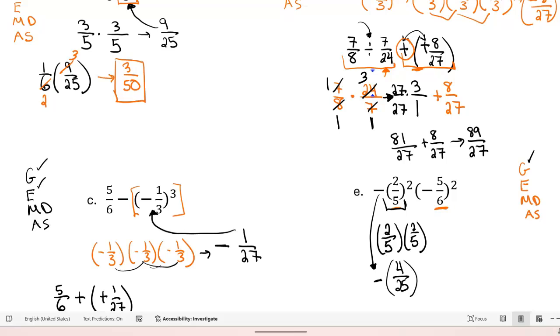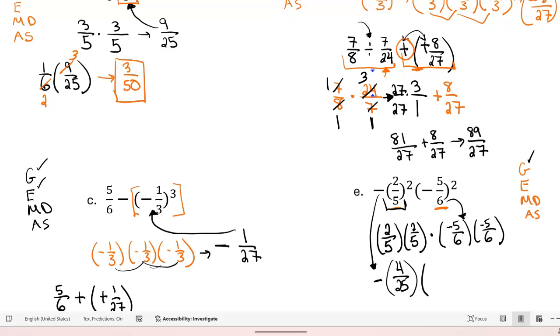And then I have -5/6 times -5/6. So that's this part. Okay, now notice this is multiplication right here. So I have parentheses.